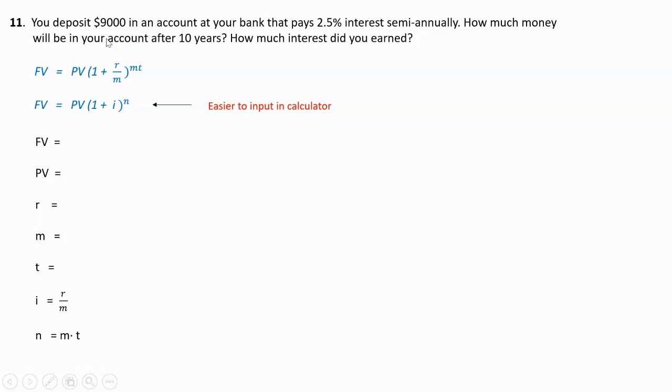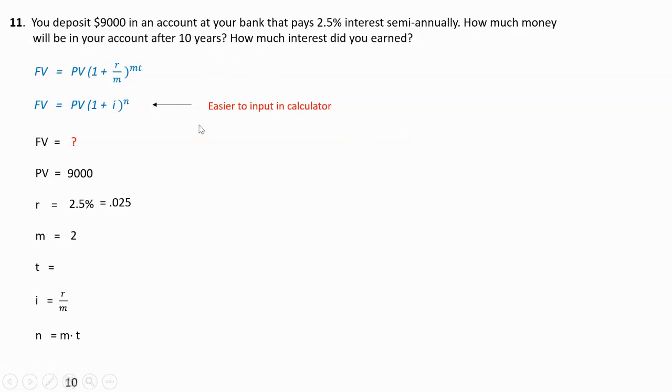So here, guys, they said that you deposit, right? So you deposit $9,000 right now. So we're looking for the future value. So 9,000 goes for the PV, present value. The interest rate will be 2.5%, converted to a decimal, 0.025. The M stands for compounding, and semi-annually means twice a year.